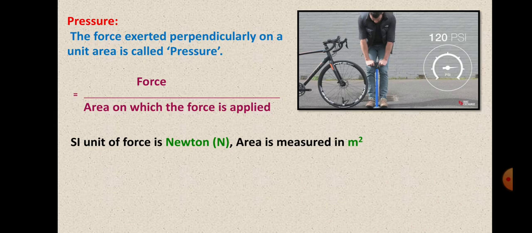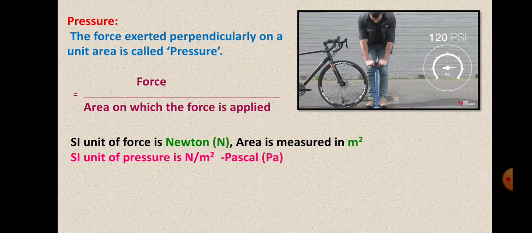Now when we find out the pressure by the formula force upon area on which the force is applied, the force is in Newton. The unit of force is Newton. It was given by the scientist Newton, and the area is measured in meter square. So the unit of pressure is Newton per meter square, and it is written as Pascal or Pa, right?